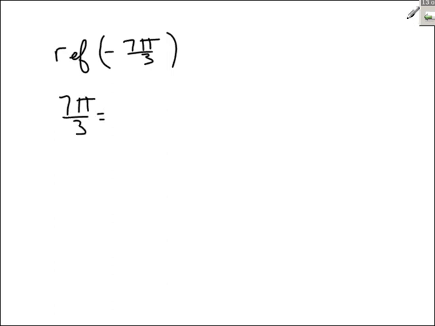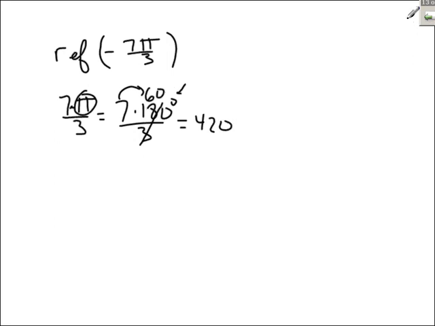So, let's just do one more with negatives. What if I ask you to find the reference angle of negative 7 pi over 3? Okay, well, let us figure out what 7 pi over 3 is. Instead of pi, you can put 180 degrees. Remember, this is 7 times pi over 3. Well, 3 goes into 180 60 times. 7 times 60 is 420 degrees.